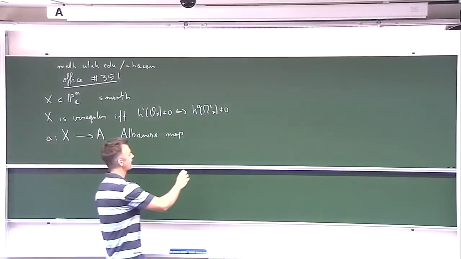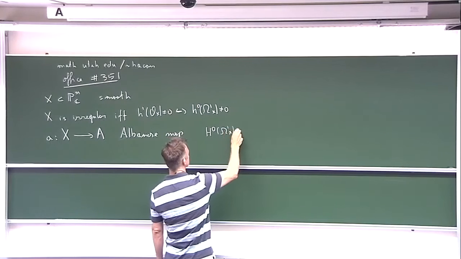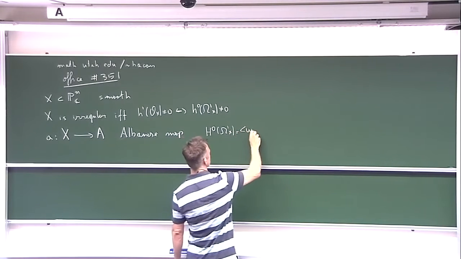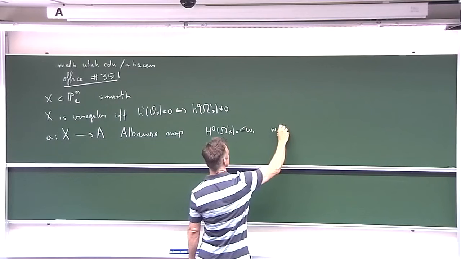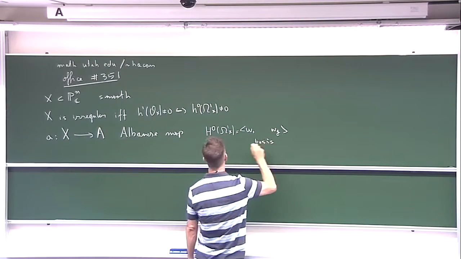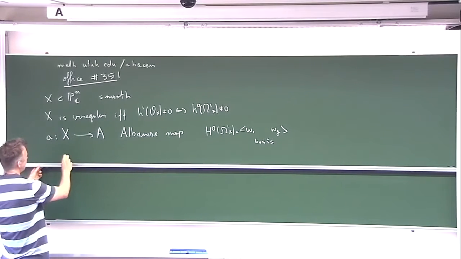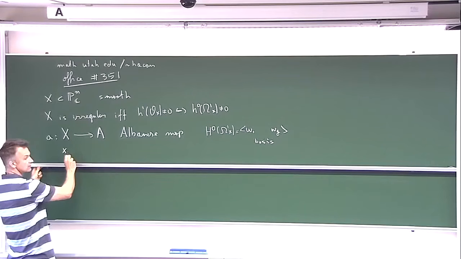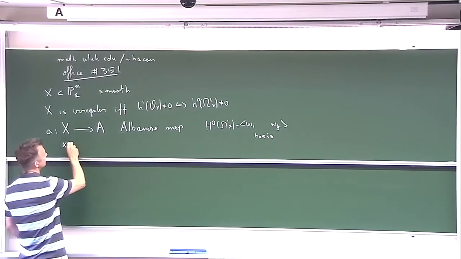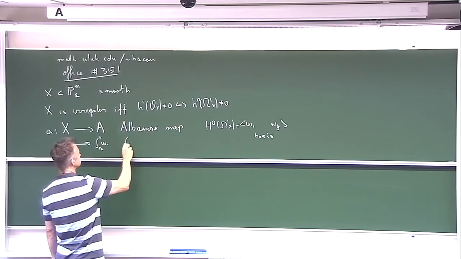And so how can you think of defining this map? Let's look at the space of holomorphic one forms. Let's pick a basis, ω_1, ..., ω_g. And let's also fix some base point x_0 on X. Then we can send any other point x in X to the integrals from the base point x_0 to x of these various holomorphic one forms.